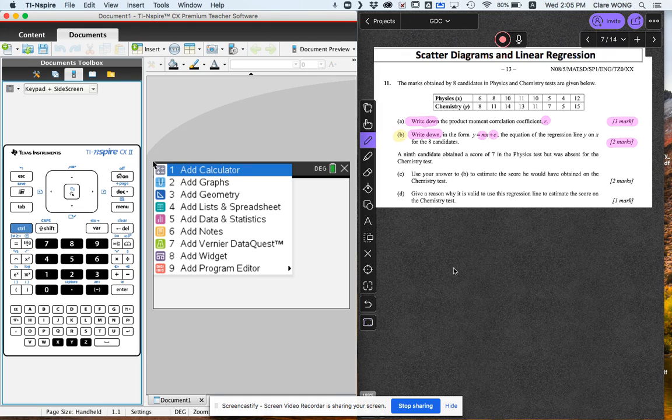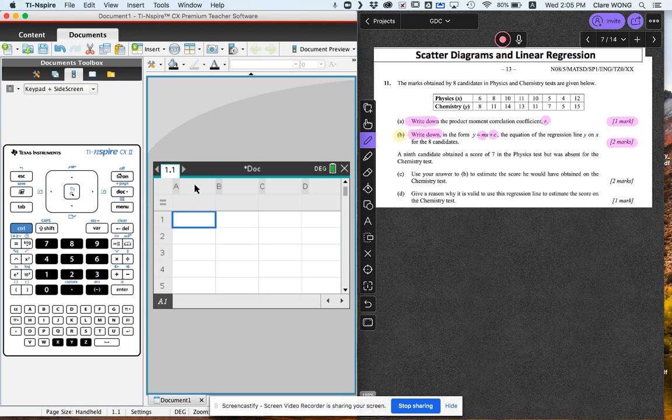So to quickly do what we need to be doing, we have to have a spreadsheet with X here for your physics and then Y for your chemistry. Enter, and then you have 8, like that.